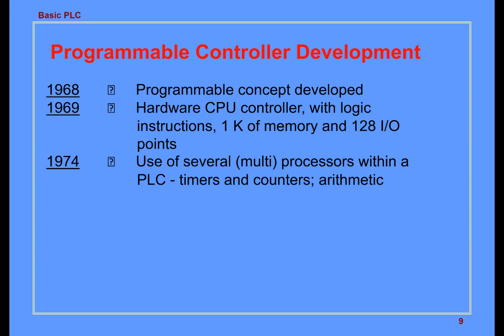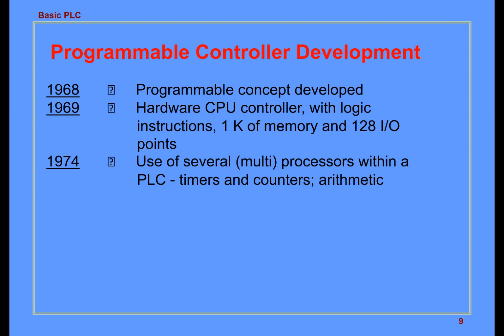The analog to digital really wasn't that common yet. They had to be done on discrete components. So things were still relatively large in terms of the PLCs, but it was still better than the counterpart with the relay logic.